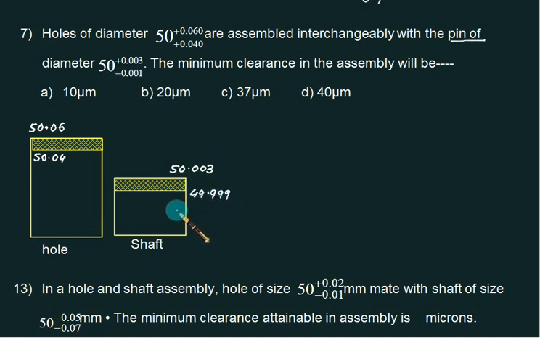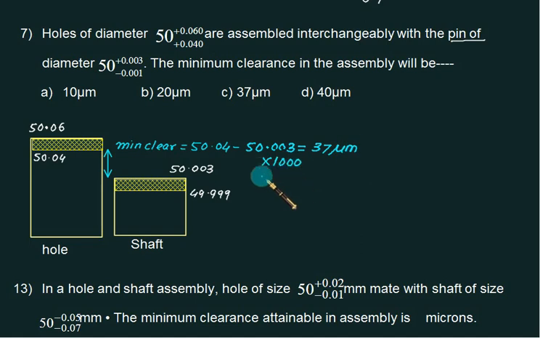And we want to find out the minimum clearance. So minimum clearance will be minimum hole size and the maximum shaft size. So this represents minimum clearance, which is 50.04 minus 50.003, that is equal to roughly 37 micron. So micron you obtain by multiplying by 1000.